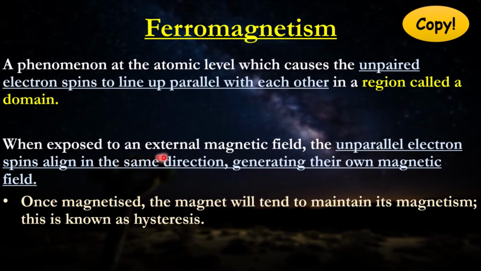When exposed to an external magnetic field, the unpaired electron spins align in the same direction, generating their own magnetic field. Once magnetized, the magnet will tend to maintain its magnetism, known by this term here. So if it's a ferromagnet, once you magnetize it, it also stays magnetized. That's also one of its key properties there.